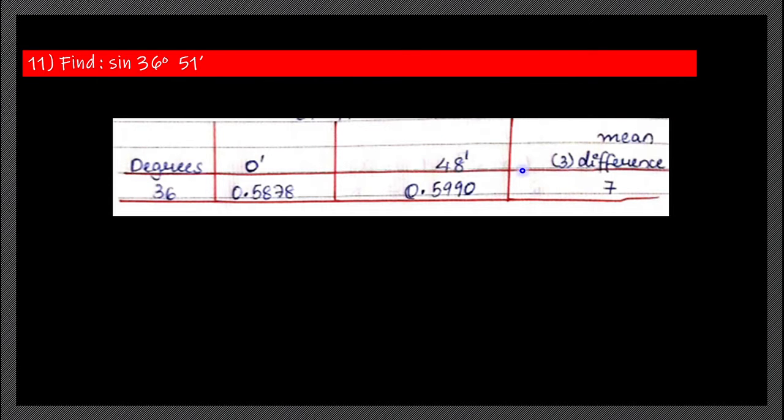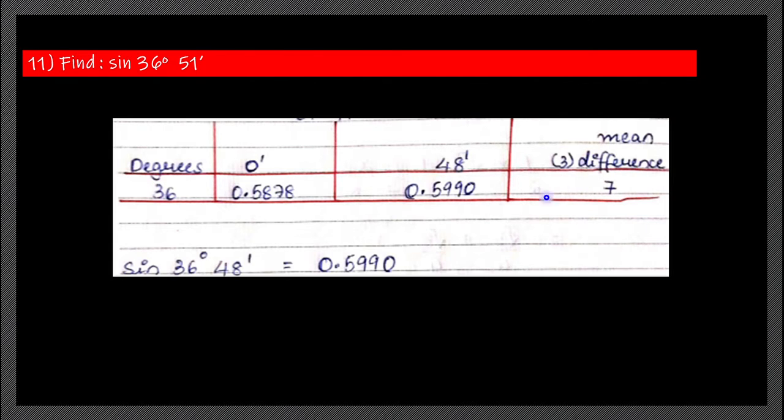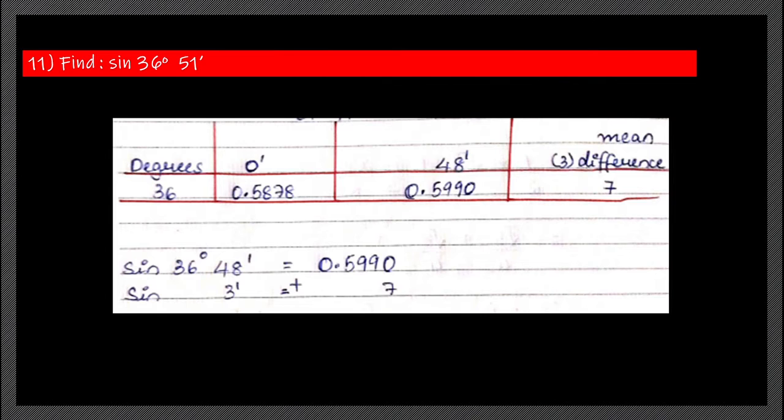When you move towards the bottom and towards the right of 36, you will get 7 below the column of 3 as the mean difference. So next, we know sine 36 degrees 48 minutes is 0.5990, and sine 3 minutes is 0.0007. I've just written it as 7 in the decimal place.